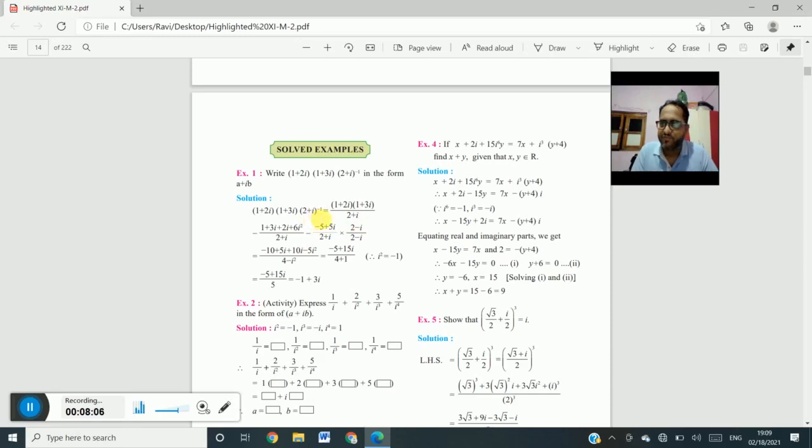The power of (2 plus i) is minus 1, so we wrote it in the denominator, the power became 1. Then we multiplied both complex numbers. 1 into 1 is 1, 1 into 3i, 2i into 1 is 2i, and 2i into 3i means 6i square, divided by 2 plus i. Now 3i plus 2i means 5i, and i square is minus 1. 6 into minus 1 is minus 6, minus 6 plus 1 is minus 5, right?